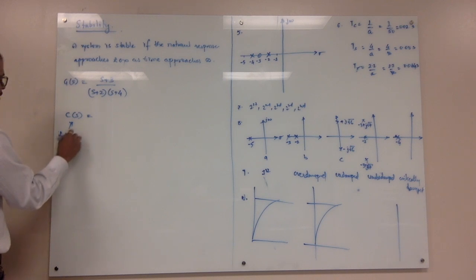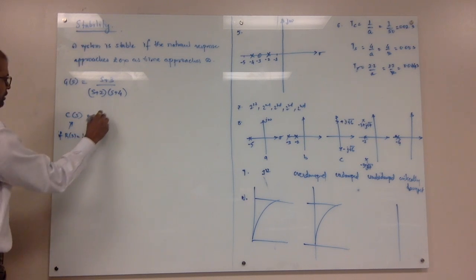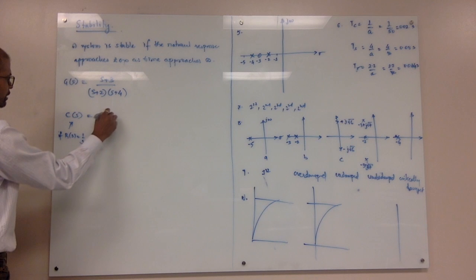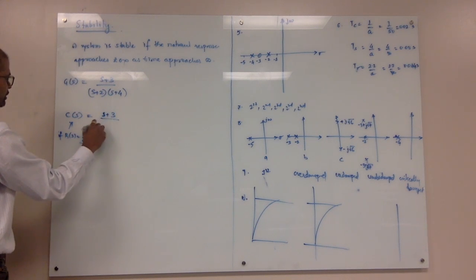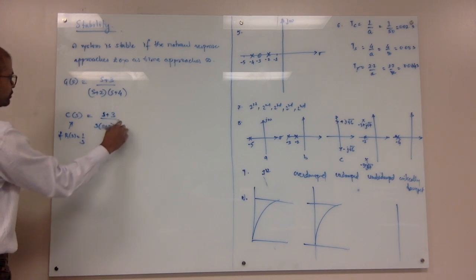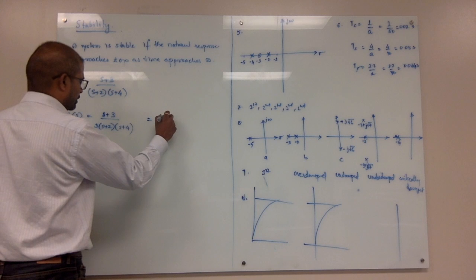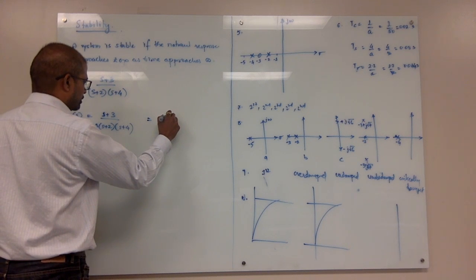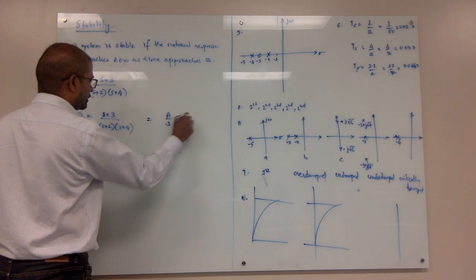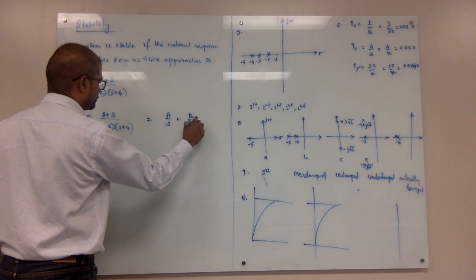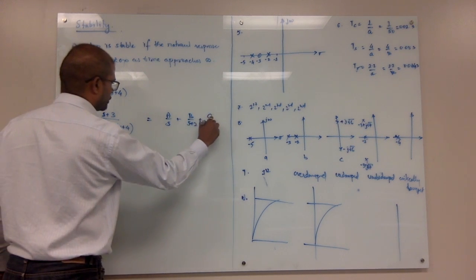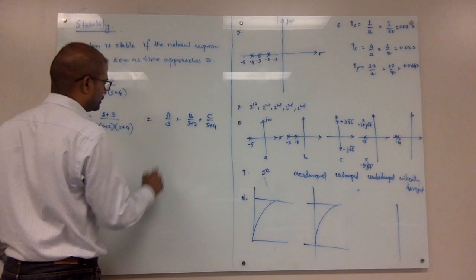If R of S is 1 over S, then C of S is S plus 3 divided by S into S plus 2, S plus 4. This is the unit step response. Got it? And this is how you will split it. We talked about this as well. What is this?